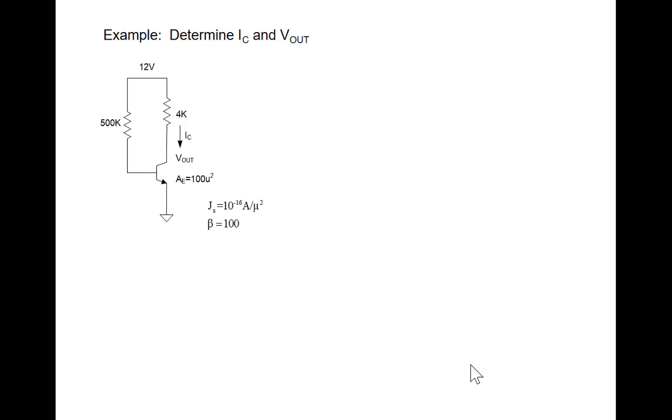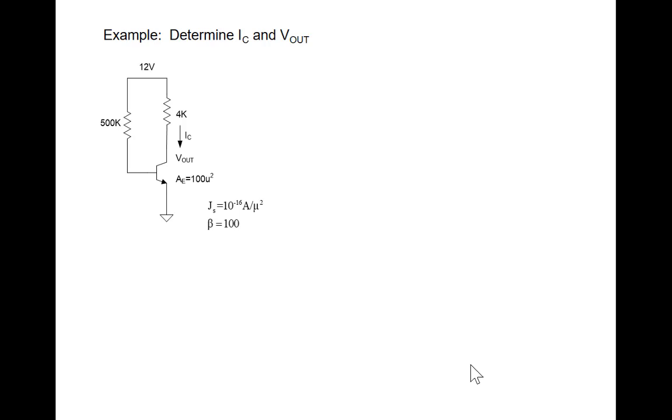And in order to verify, let's write down the verification conditions before we go on. What were the verification conditions for operating in the forward active region? VBE is bigger than 0, and VBC was less than 0.